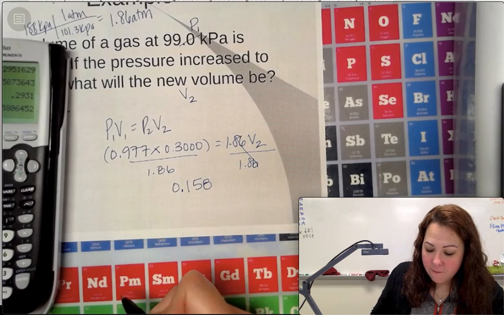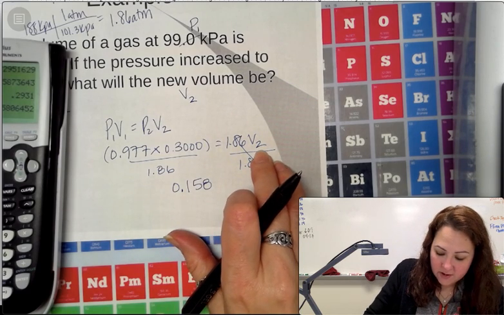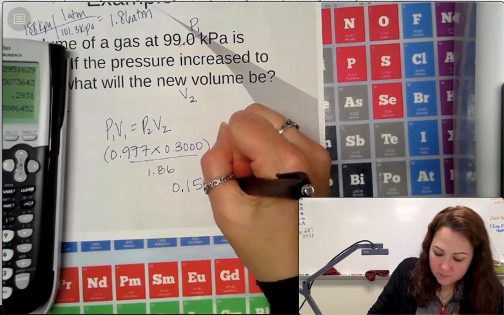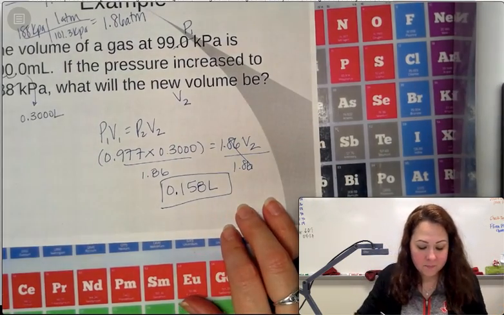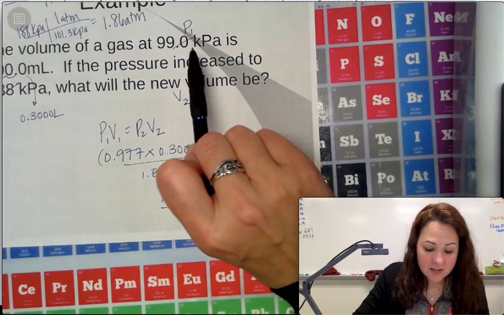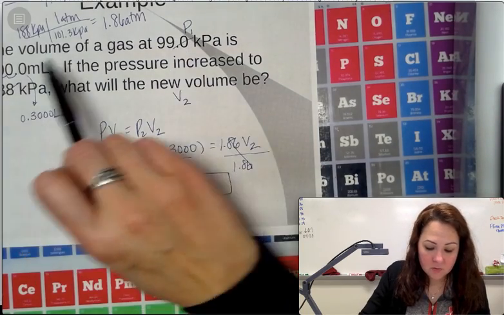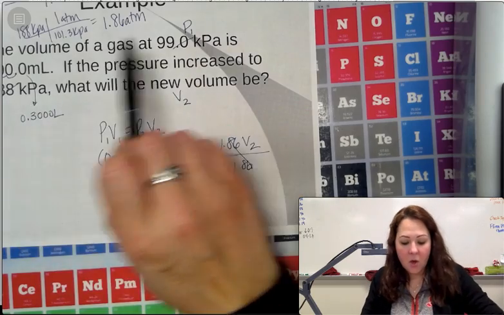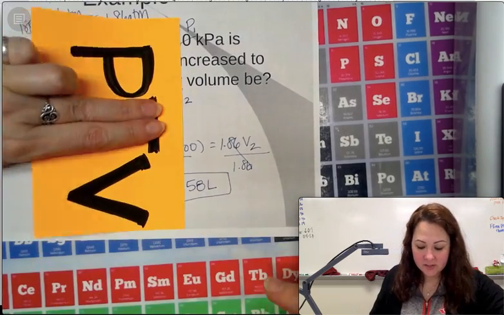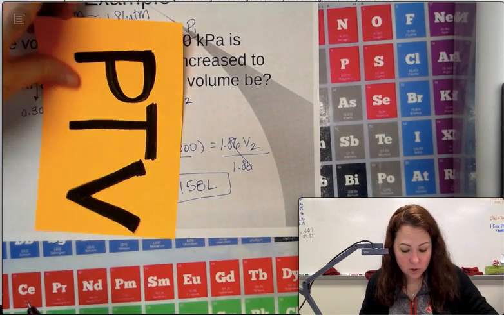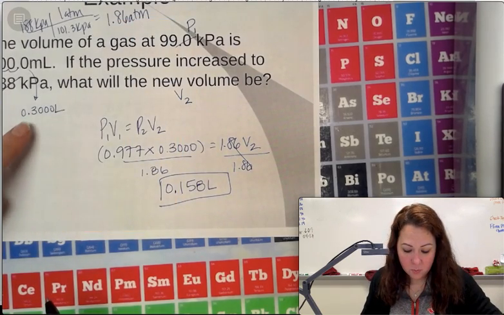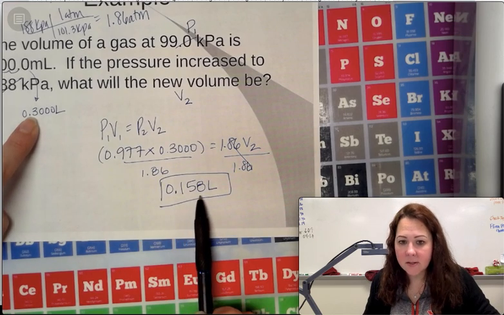I am solving for V2, volume. Volume is always in liters. To see if this number makes sense, my pressure is increasing. So 99 to 188. When my pressure increases, my volume should decrease. My volume started at 0.3, now I'm at 0.158, so that makes sense.